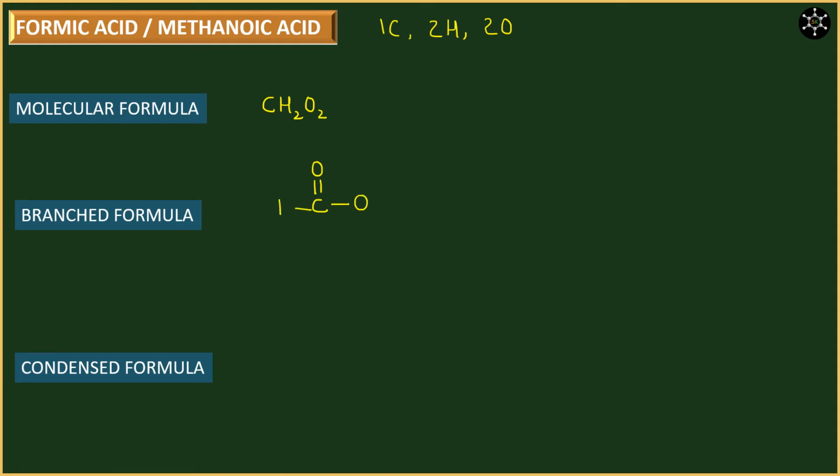One hydrogen will sit on carbon and another hydrogen on oxygen. In the condensed formula, we write this CH bond together. Even this carboxylic acid functional group will be written as COOH. So, HCOOH is the condensed formula for formic acid.